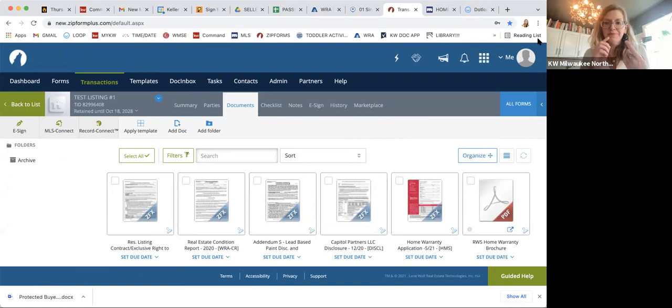So between the listing contract, the real estate condition report, the lead-based paint addendum, the Keller Williams disclosure, and the home warranty waiver, those five pieces, practice this and get it all down in probably half an hour to 45 minutes.